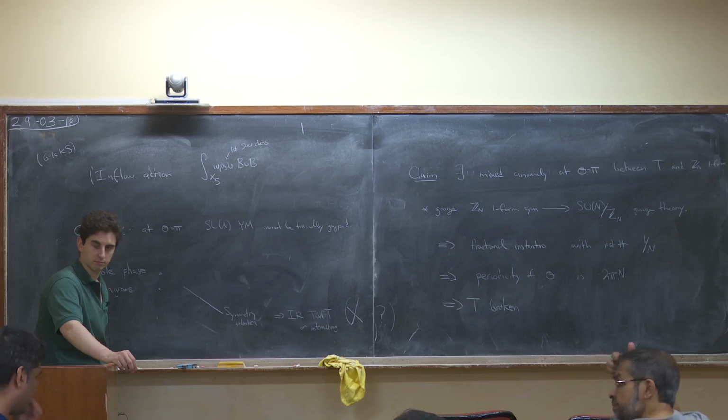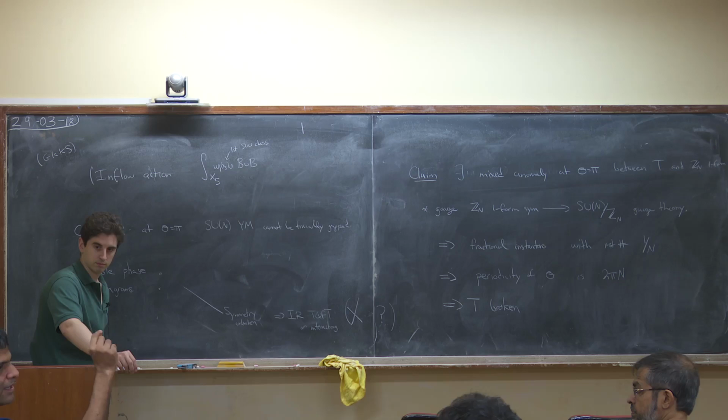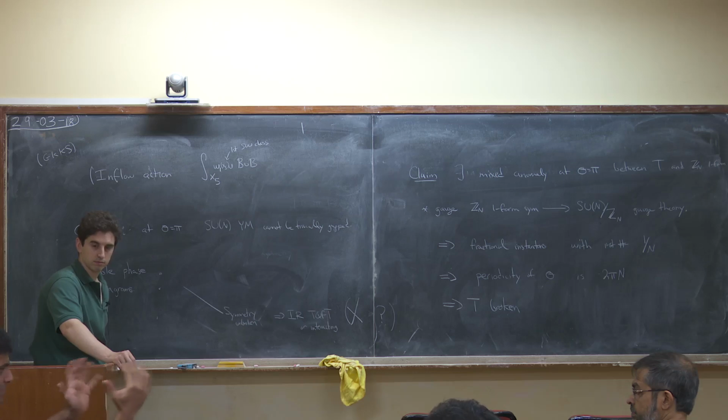If you write this in terms of theta, we've got 1 over g squared times 1 over N. So the theta dependence of the 't Hooft coupling part is like theta over N.